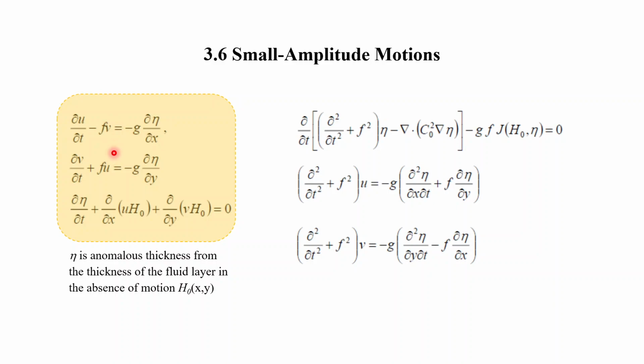So with appropriate derivation, for example, you can combine these three equations to obtain a high order differential equation for eta. Okay, once you obtain eta, then you can substitute into u and v to obtain u and v. So it is possible to obtain an analytic solution from this set of linearized equations.